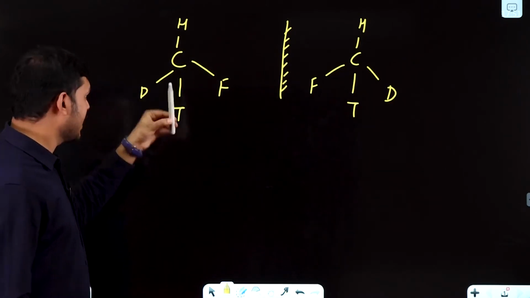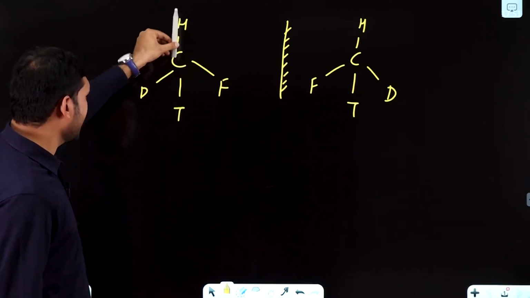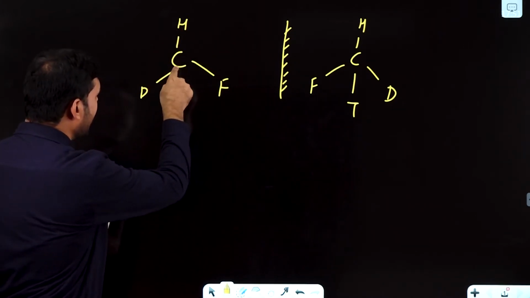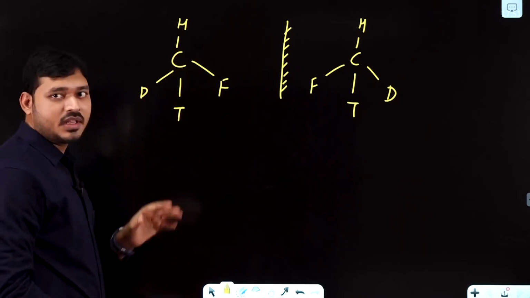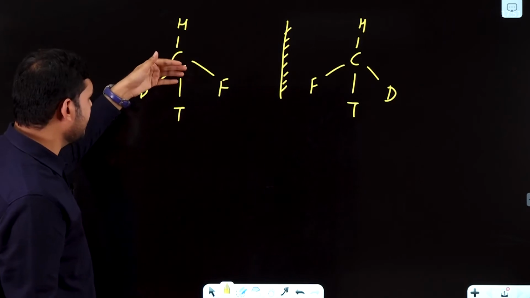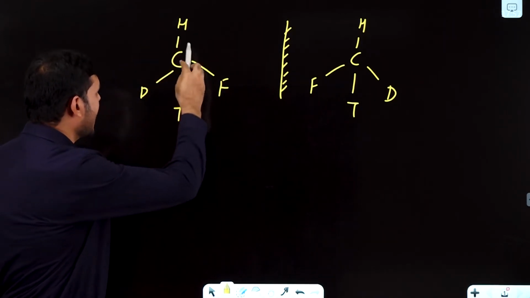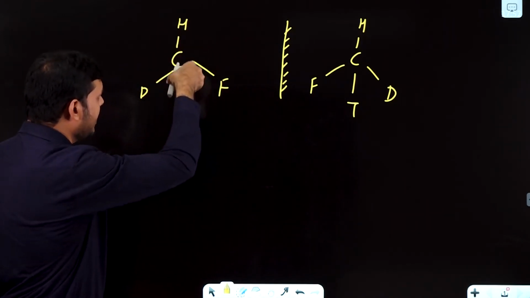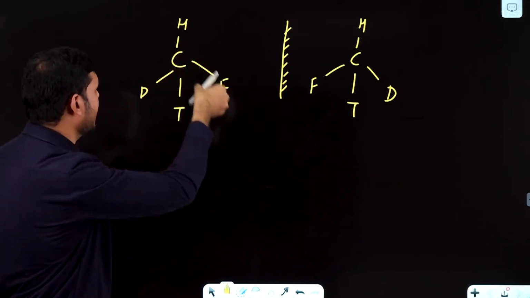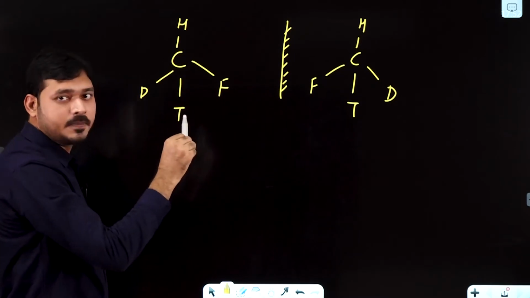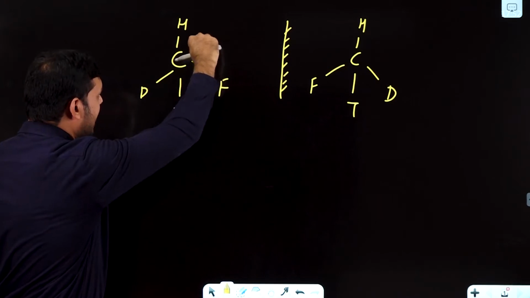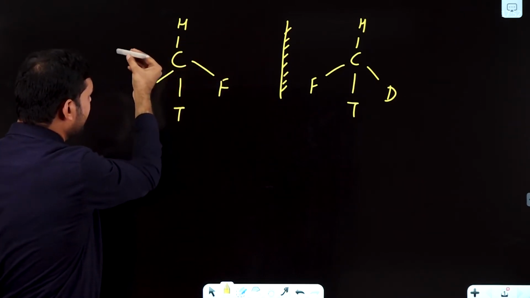Then if I choose the plane containing carbon, hydrogen and tritium, the fluorine and deuterium must be on the backside, at approximately 109 degrees, because it is not a perfect tetrahedron as all four atoms are different. So tritium this side, fluorine backside like that, and deuterium that side.